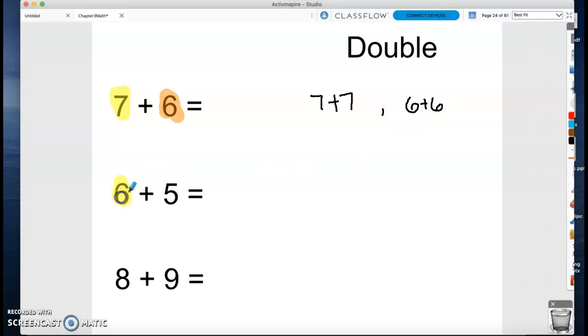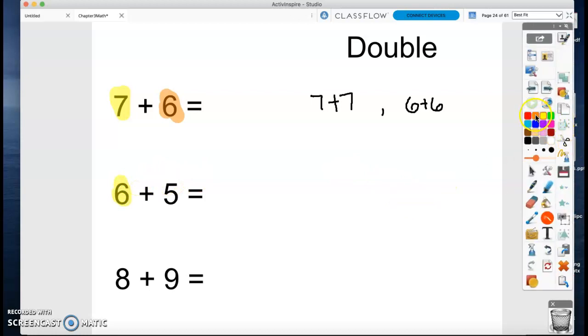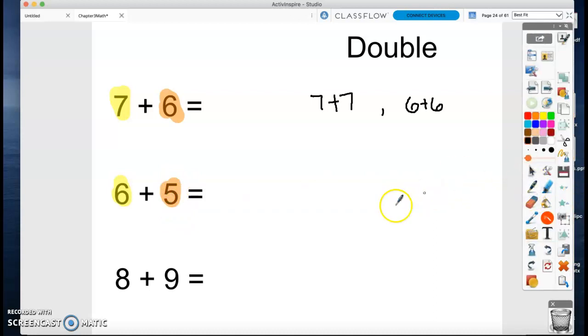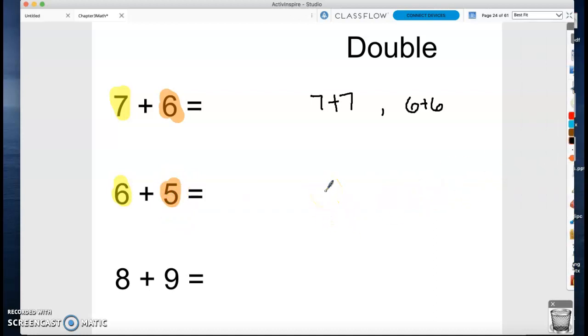I have a 6 and I have a 5. So what's one of the doubles that I can use to add? If you said 6 plus 6, excellent job. What's the other one that I can use? If you said 5 plus 5, great job.